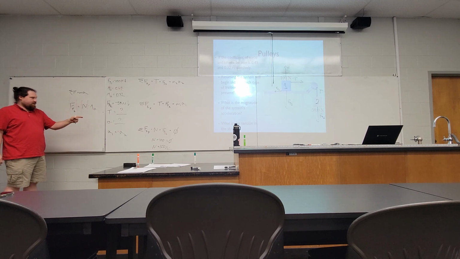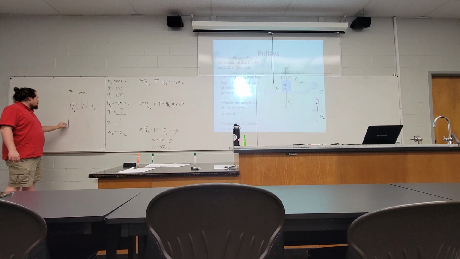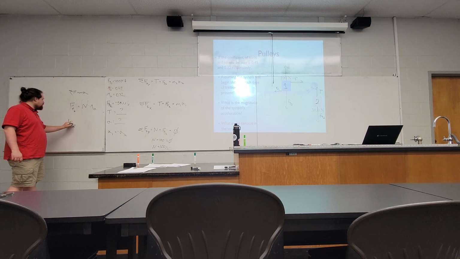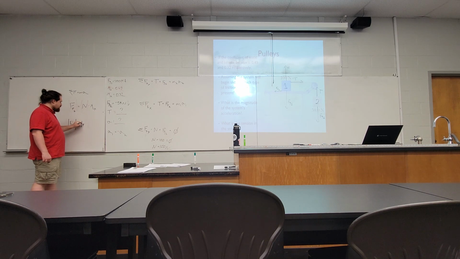Now with that assumption made, or rather that number solved for, we can find a number for the force of kinetic friction. I'm keeping in all the absolute value brackets for a reason that will become apparent later.